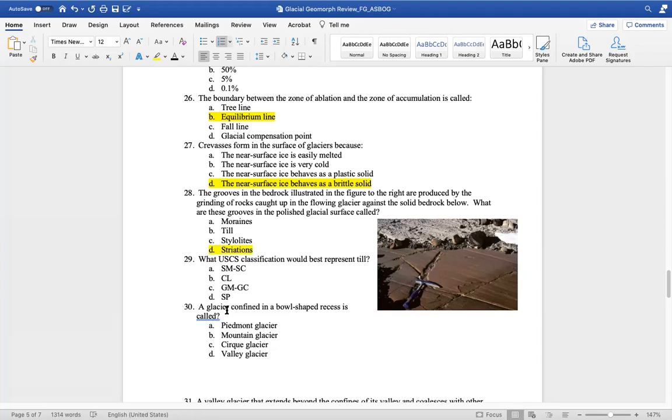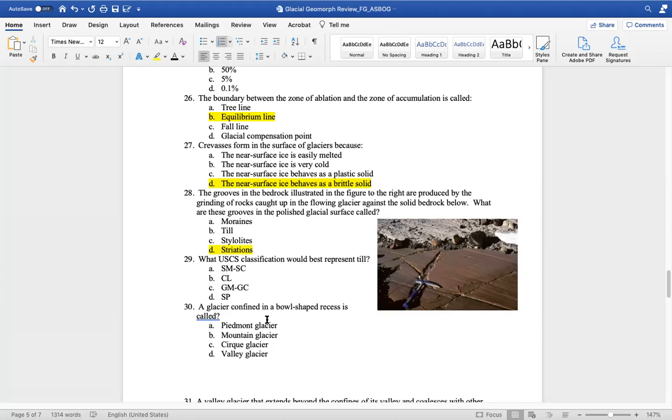So till is not poorly sorted, it is unsorted. It has literally no classification of sorting. It's just unsorted. If you could think about the worst possible classification of sorting, that's till. But what is till made of?